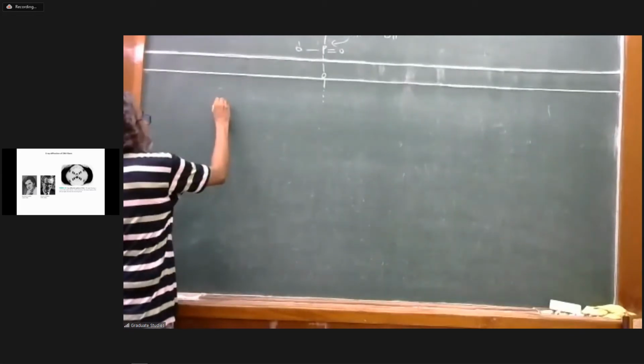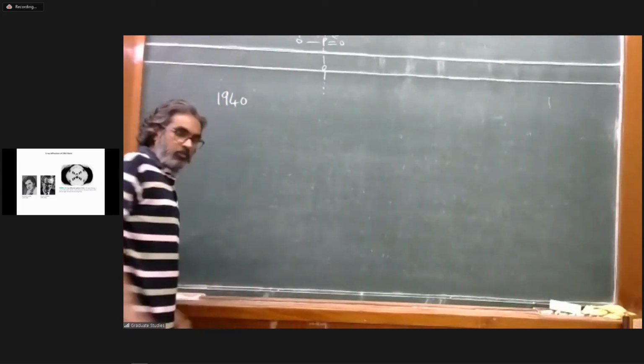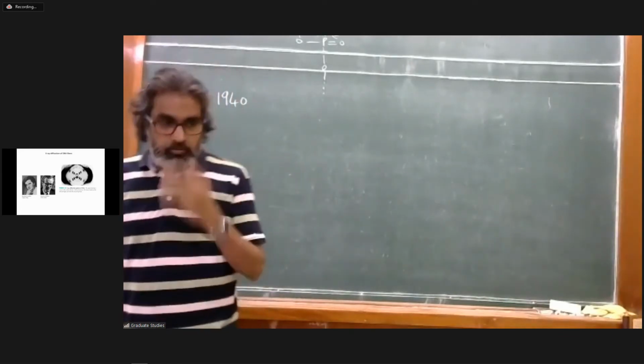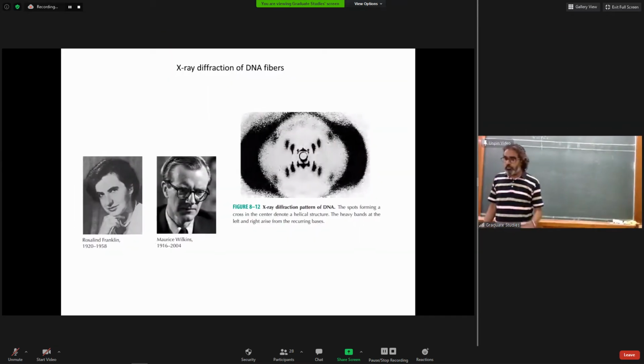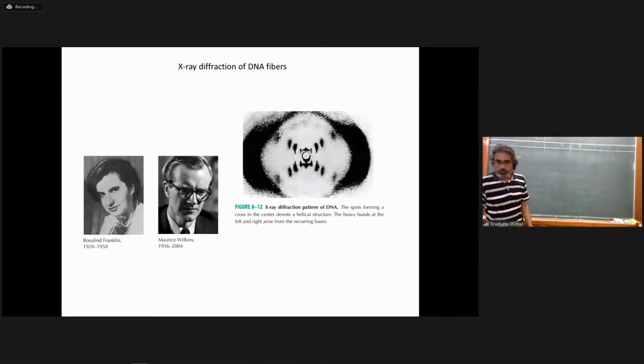So in the 1940s, even before that, a lot of work has been going on, and X-ray diffraction has just come up. 1905 is basically first, I think, Roentgen X-rays, okay, 1905, the first Nobel Prize, basically began looking at diffraction of molecules.